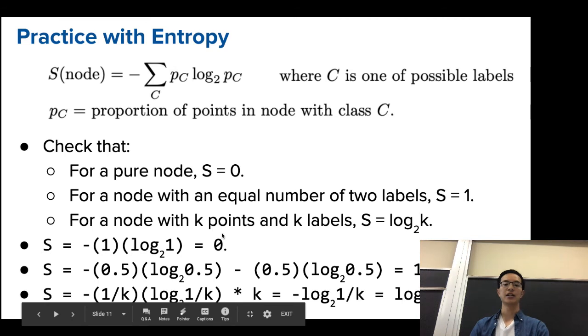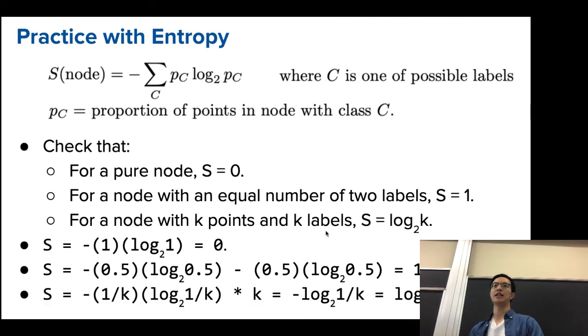For the last one, let's say I have 10 points and they're all labeled differently, so they're labeled with different labels. The proportion for every label is 1 over k, or 1 over 10 if I have 10 points.